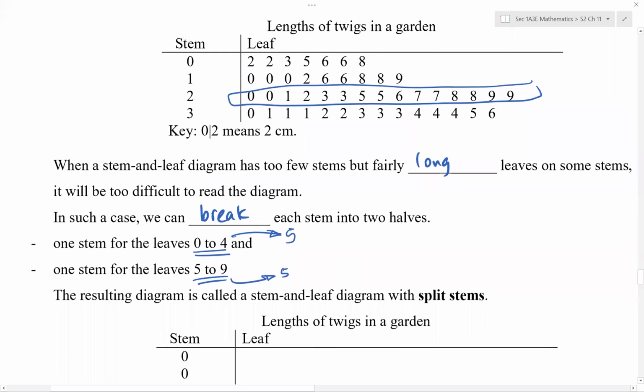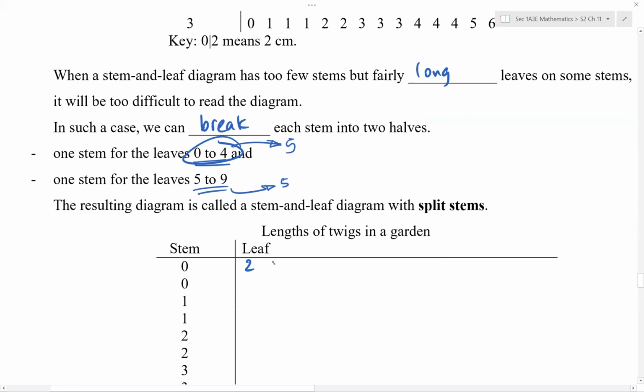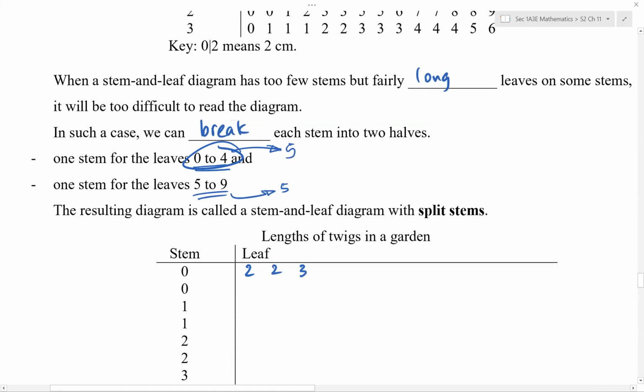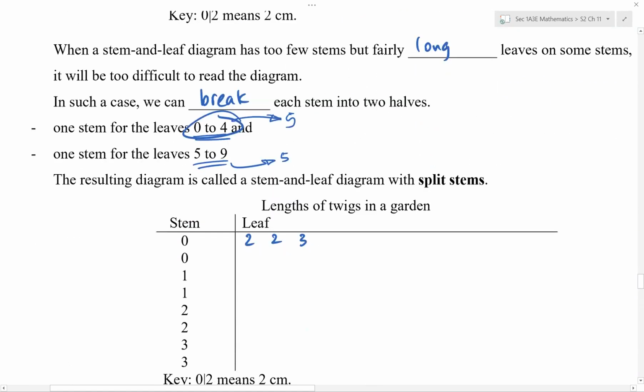For the stem 0, in the first half, from 0 to 4, we have 2, 2, 3. So put that into a diagram. 2, 2, 3. Then we have our 5, 6, 6, 8.